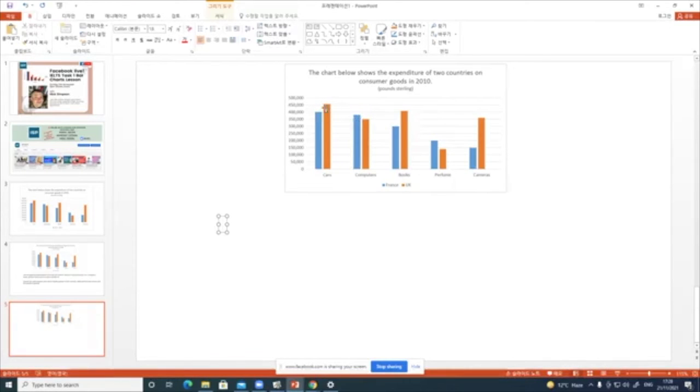Cars, I think, have the highest expenditure. I might mention the gap in books, so France spends considerably less on books than the UK. I would definitely say that perfume is the lowest, and that's definitely something to mention. And then also probably say something about the gap between countries in camera expenditure.